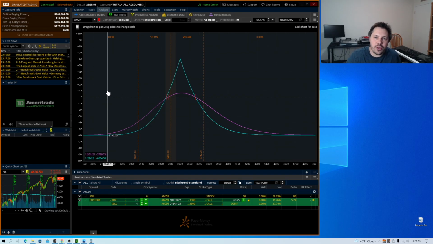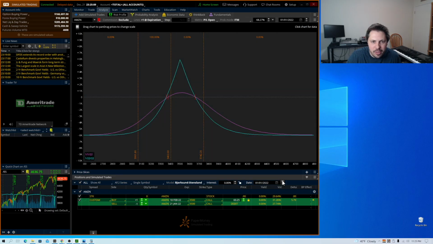There's no unlimited risk. But the way that this works is, as the passage of time continues, we have the intrinsic value at expiration, and then we have our time value that's moving towards that intrinsic value at expiration.